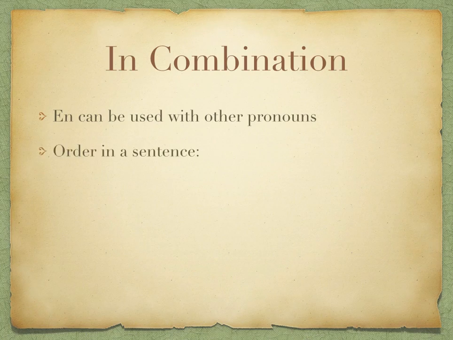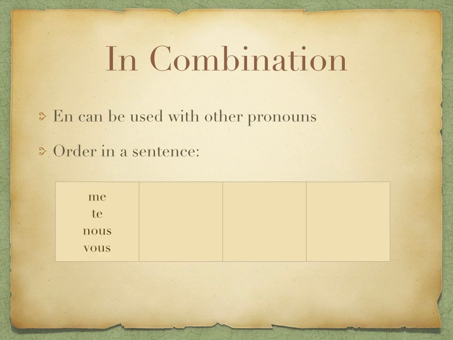Remember that since they all go in the exact same place right before the verb, we have to memorize the order in which these pronouns appear. Hopefully, you remember that me, te, nous, and vous will always come first. These are the four that don't change between direct and indirect object pronoun sets.